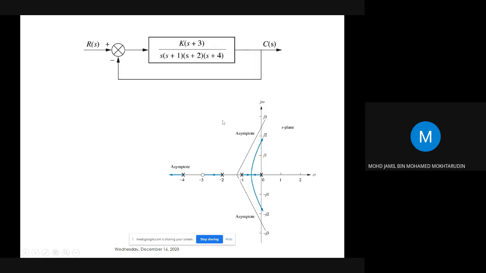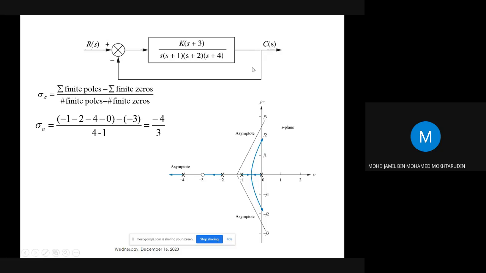Okay, so let's look at an example. Let's say you are given this block diagram. To find the finite poles and finite zeros for a unity feedback system, basically you can just use the forward transfer function.